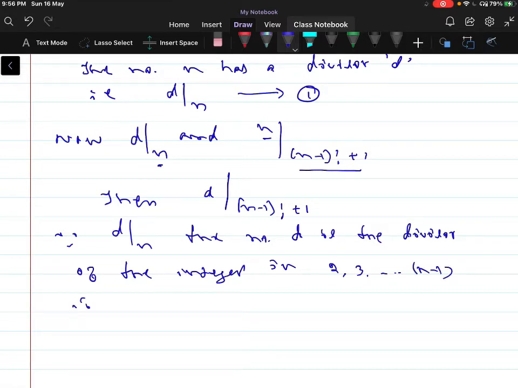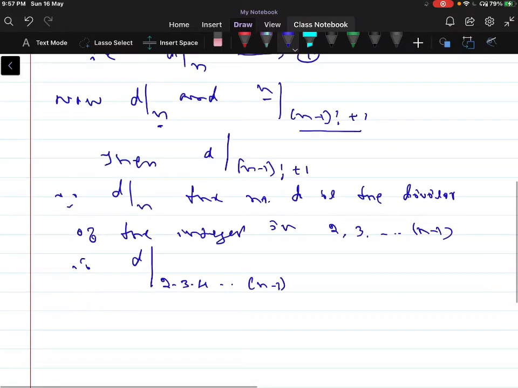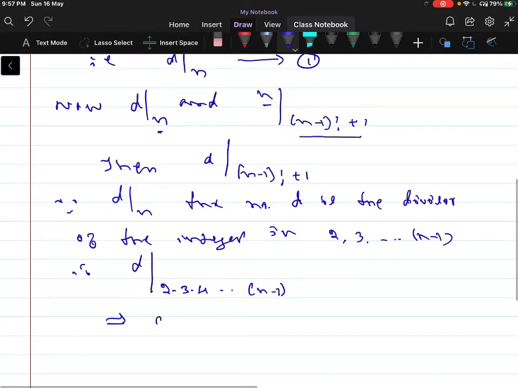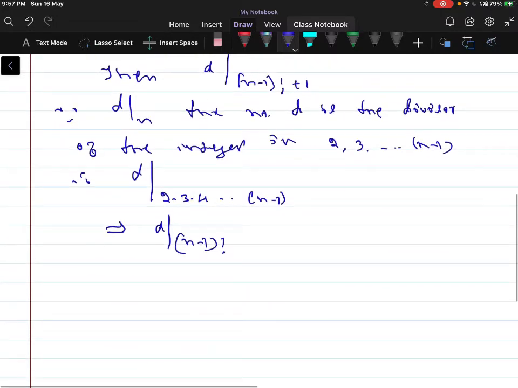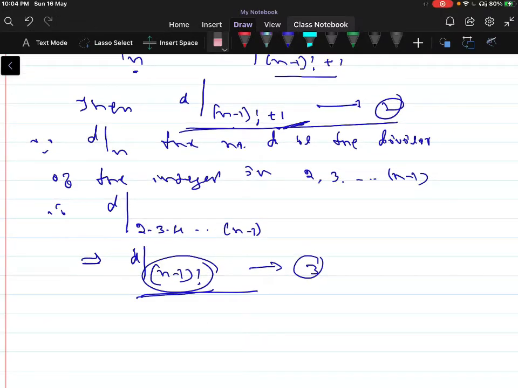So therefore d divides 2 into 3 into 4 and so on up to n minus 1. So this implies d divides (n minus 1) factorial. Let us call this equation 2, and the previous one equation 3.